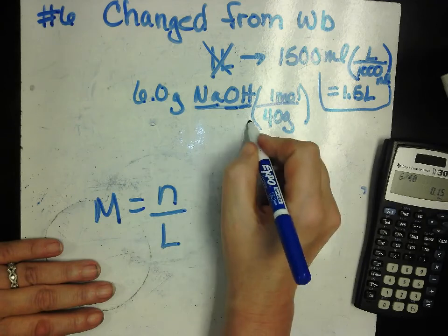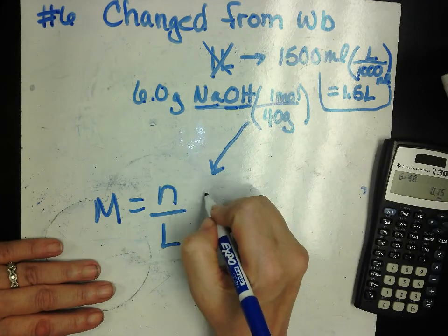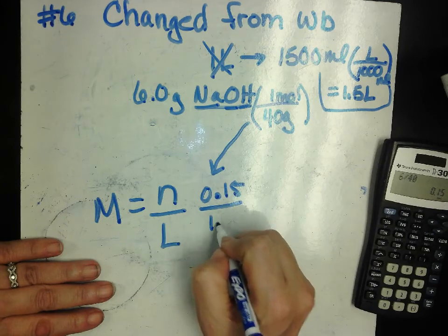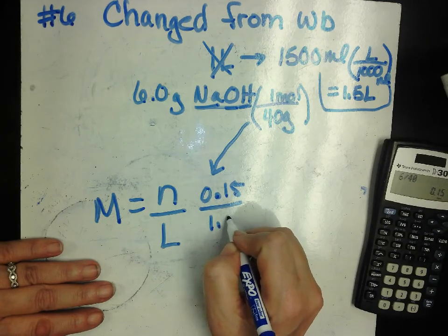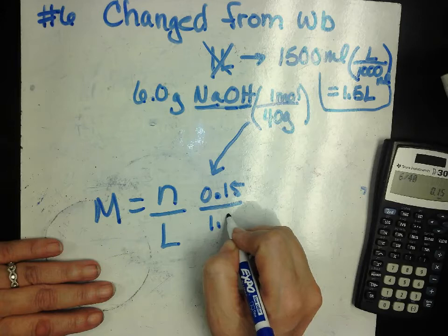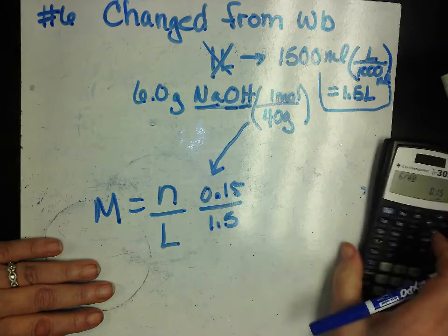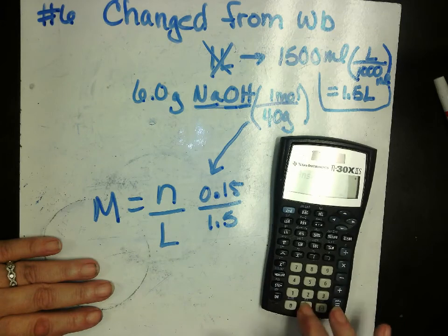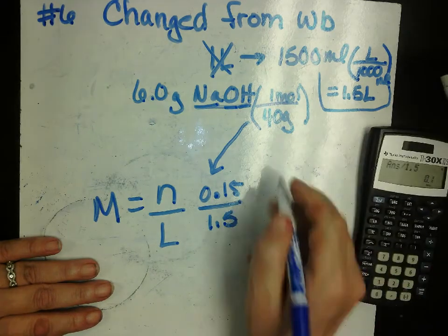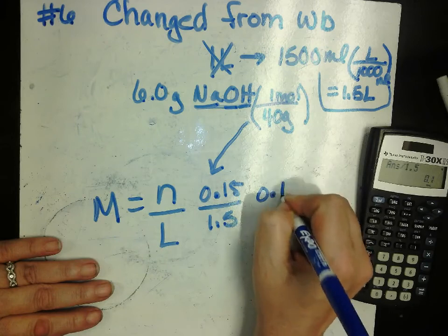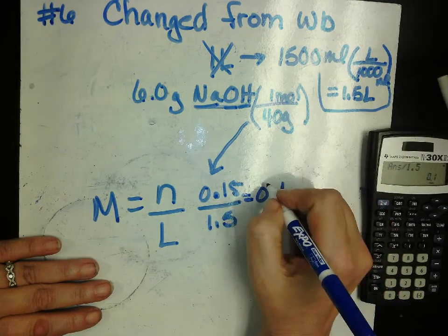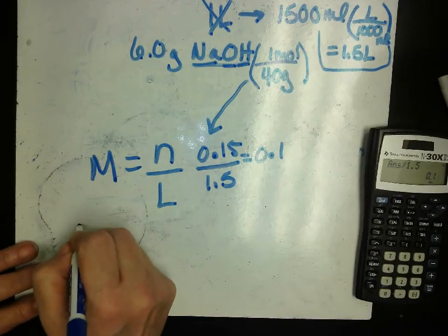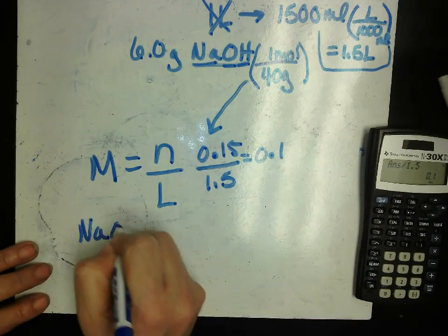Okay, so molarity equals moles divided by liters. My moles, which I got as 0.15, divided by my liters, which is 1.5, equals 0.1. Okay, so this is my concentration of my NaOH. So we need to figure out what that's going to do.